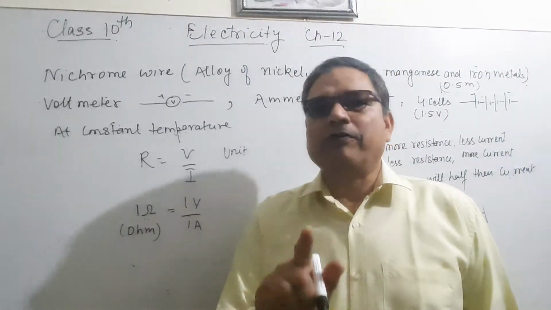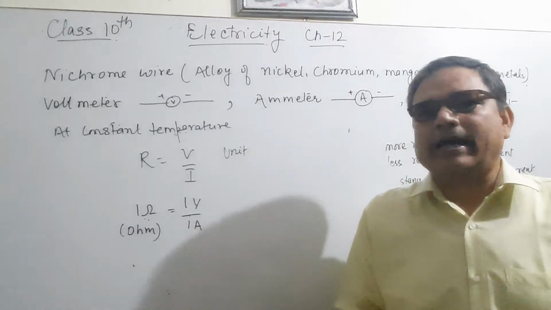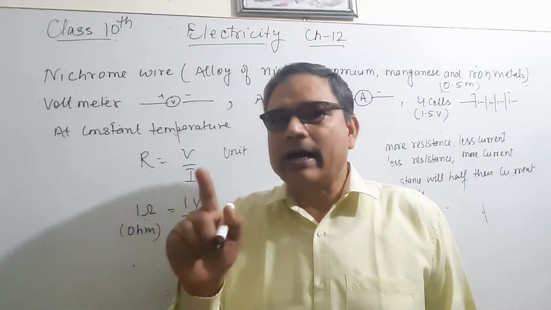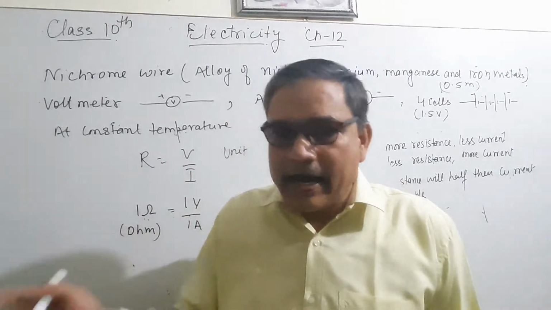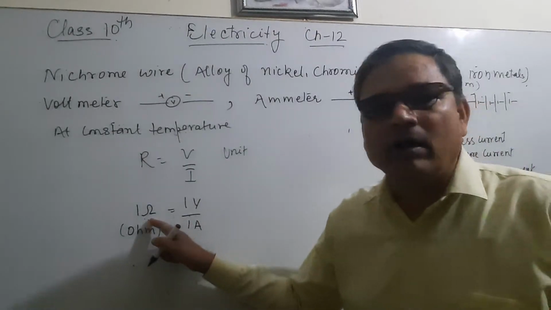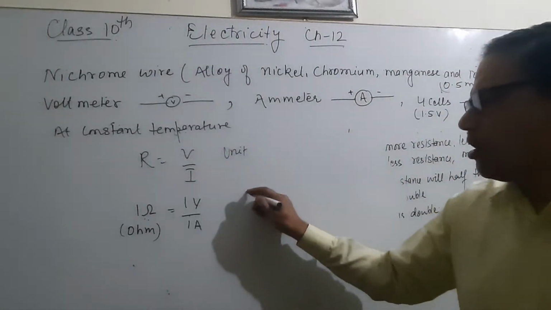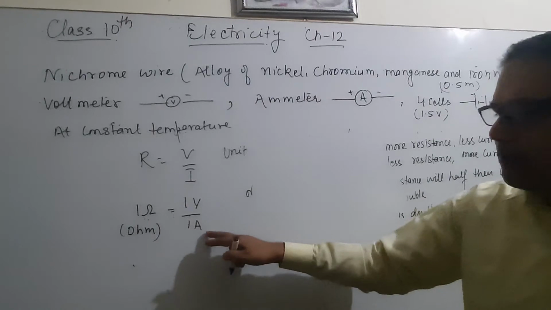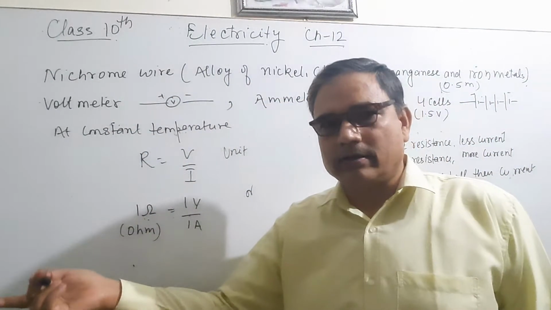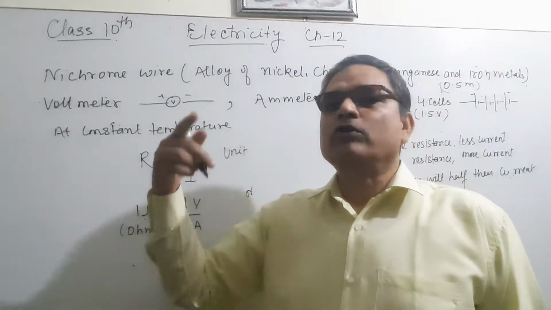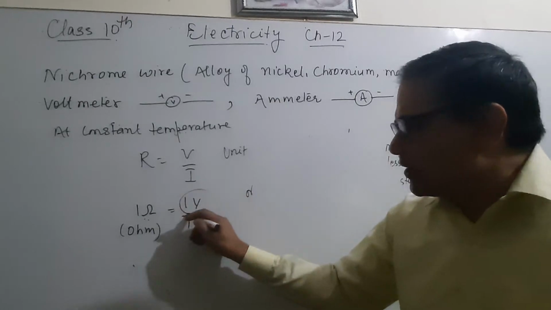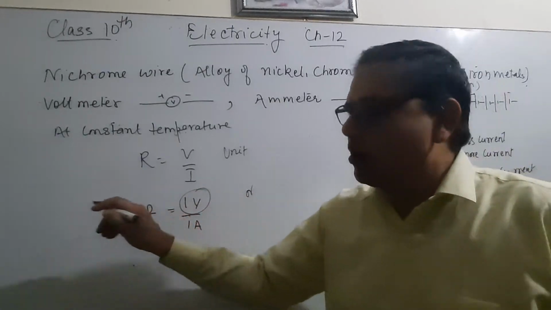If the potential difference across the ends of the given metallic wire is 1 volt and the current flowing through it is 1 ampere, it is known as a resistance of 1 ohm. Or we can say that if 1 ampere of current flows through a given wire having a potential difference of 1 volt, it is known as 1 ohm.